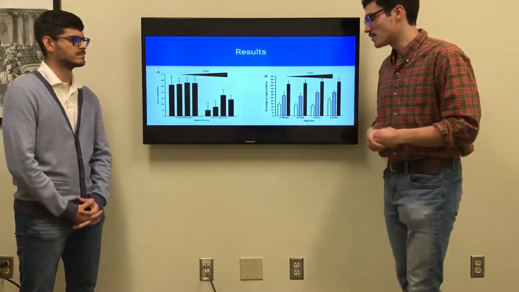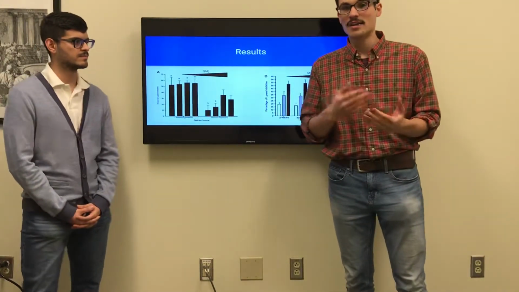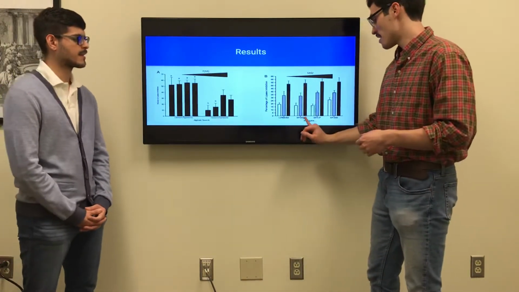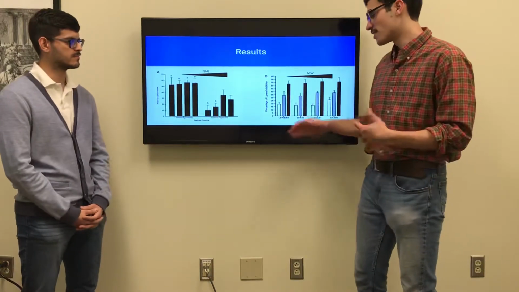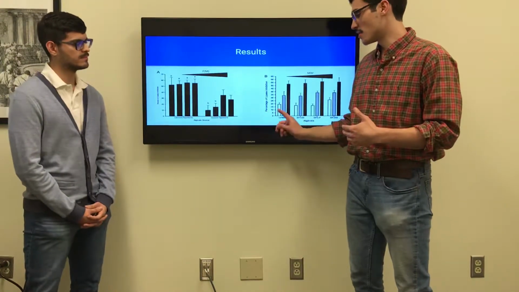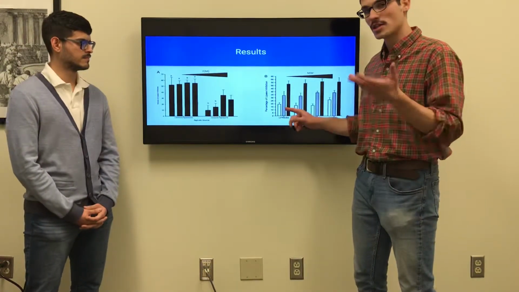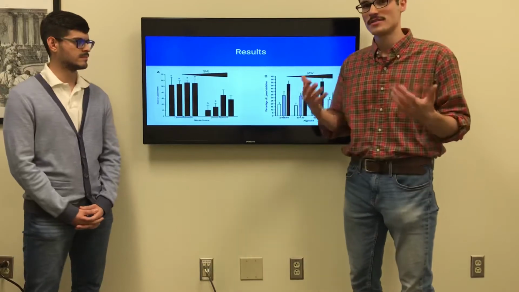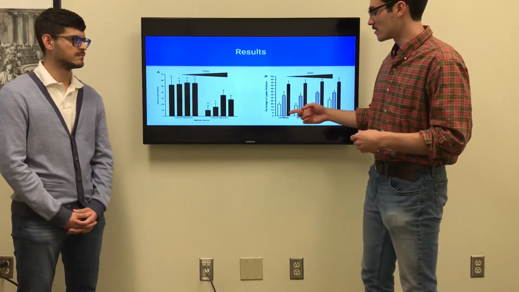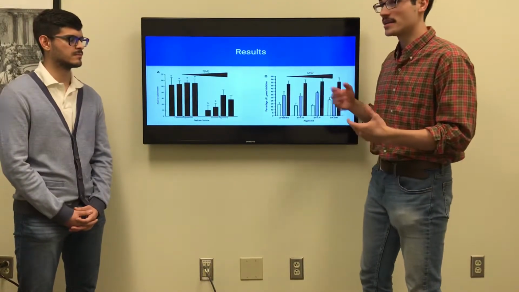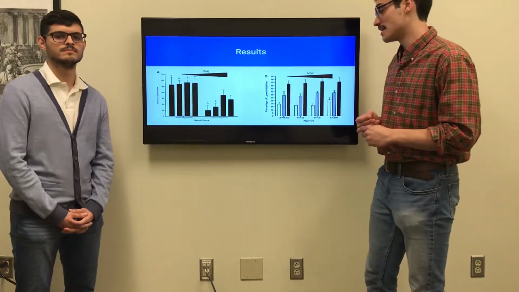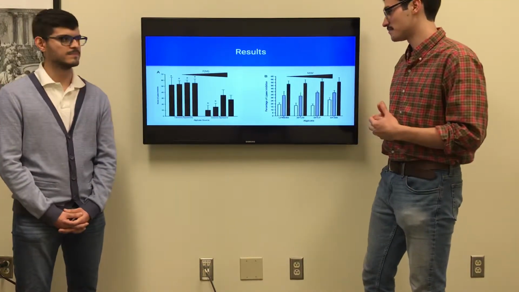Over here, they also tested the alginates at different concentrations. These are different alginate sources. The farther left is the lower concentration, the middle is a little more, and the right is more concentrated. And as you can see, the more concentrated the alginate source, the higher the percentage of lipase inhibition.